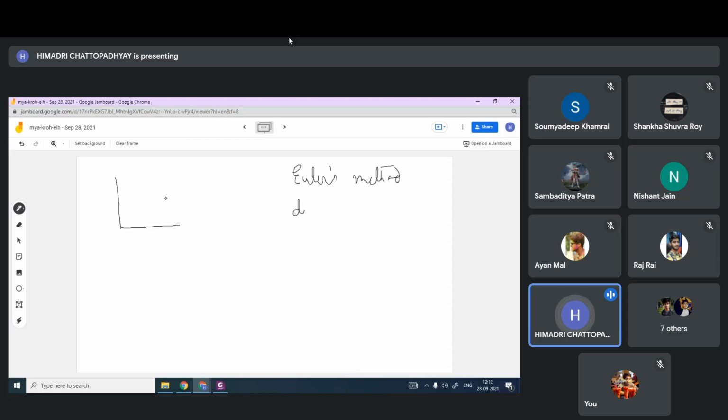So we are solving, let's say, dy/dt is equal to 3t square. Solve it with y at t equal to 0 being 1.